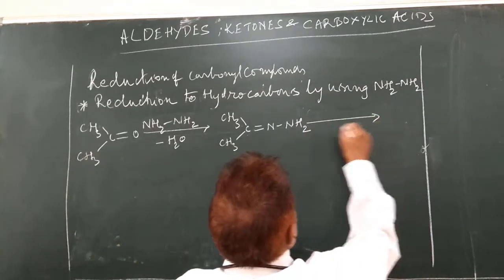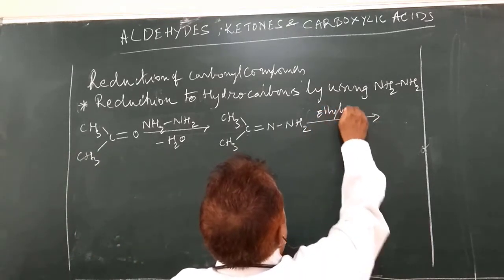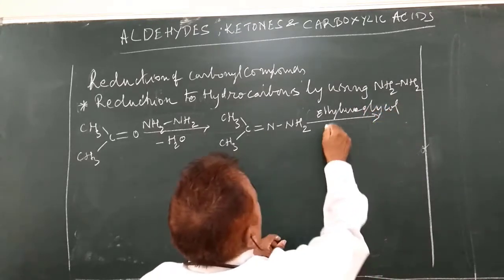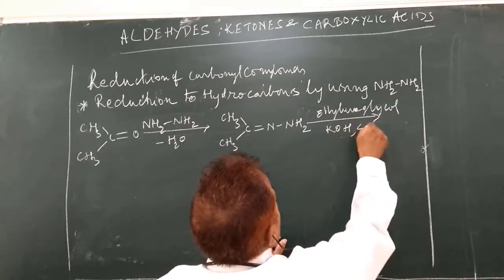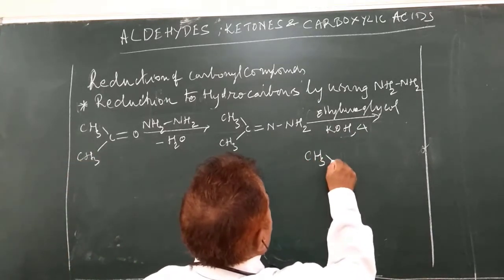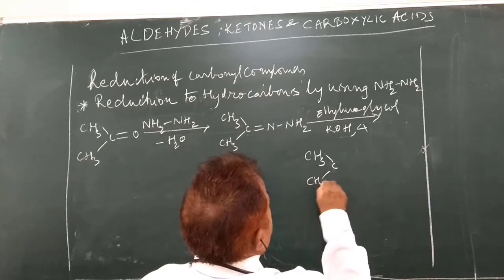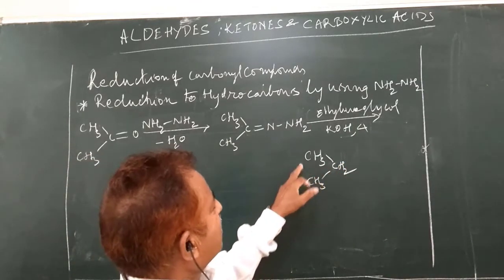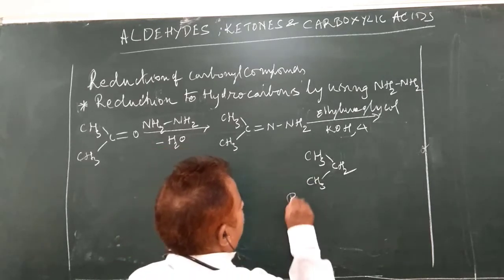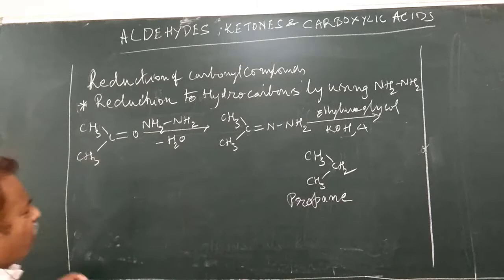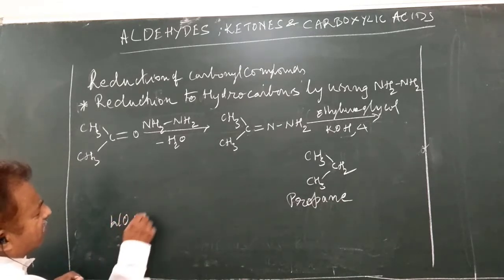This in the presence of ethylene glycol and KOH, and of course at high temperature we get propane, CH3CH2CH3. This is nothing but propane, and this reaction we call it as Wolff-Kishner reaction.